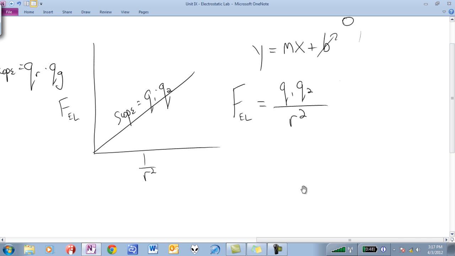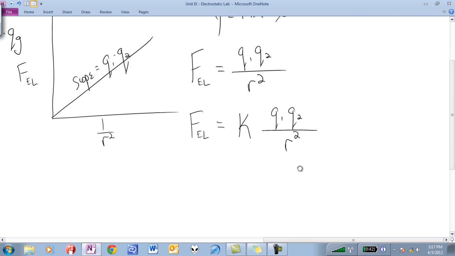When Coulomb was studying this, when you actually do this with charges, you'll notice that there is this k value. You notice there is a factor that it was off by, where it was actually k times q1 times q2 over r squared, and k is going to be the Coulomb's constant.